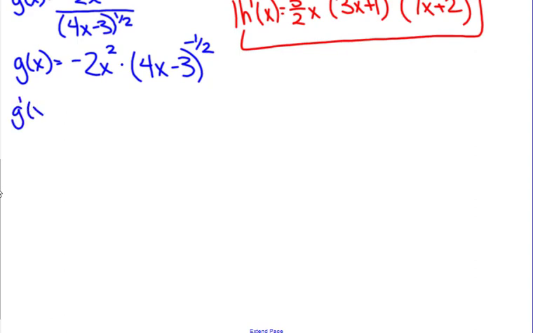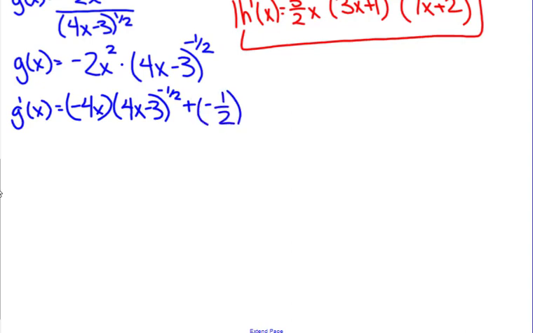So when we take the derivative: derivative of the first, negative 4x, times our second term, (4x minus 3) to the power of negative 1/2, plus the derivative of the second, so negative 1/2, I'm going to put that in brackets just so I don't lose my negatives, times the inside stuff, where I'm going to decrease my power by 1.